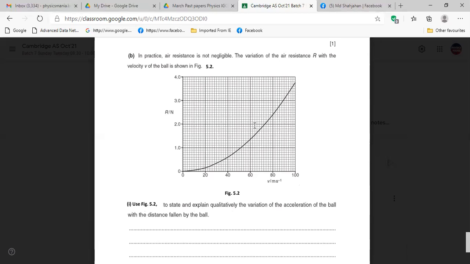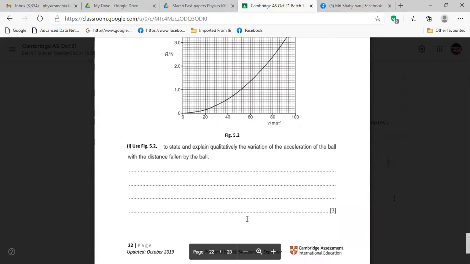Yeah, acceleration decreases as air resistance increases, right? And we have 3 marks here. They said qualitatively, that means you just explain without any numerical value, and that will be worth 3 marks.